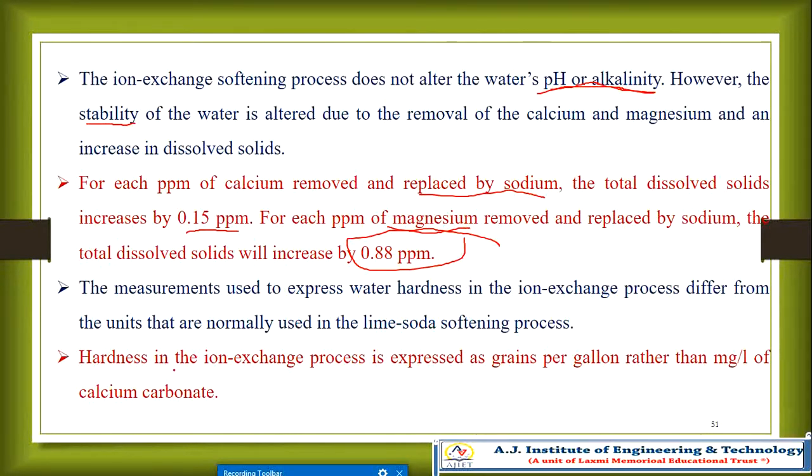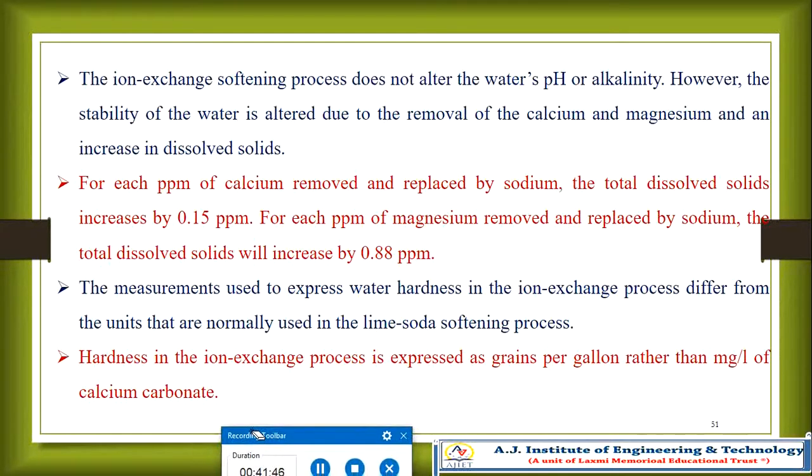Hardness in the ion exchange process is expressed in grains per gallon rather than mg per liter of CaCO3. Very simple, and one of the most commonly used.